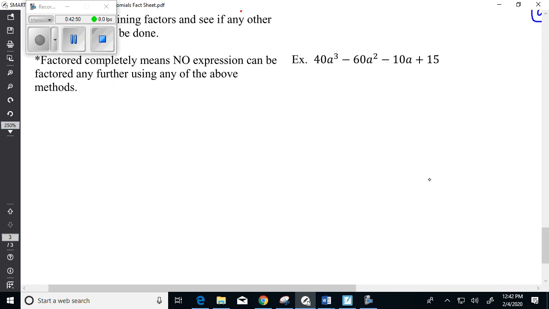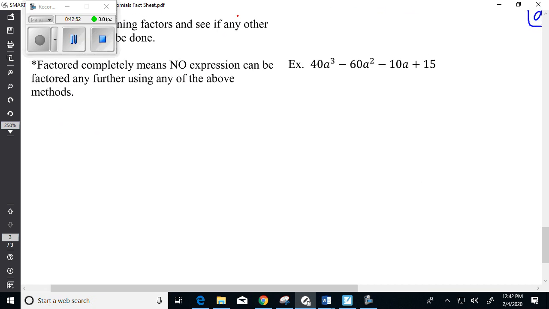Third example. So third example, we've got 40a to the 3rd minus 60a squared minus 10a plus 15. Again, first things first is greatest common factor. If you look at all 4 terms, every single term is divisible by 5.